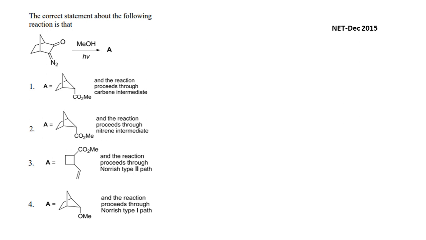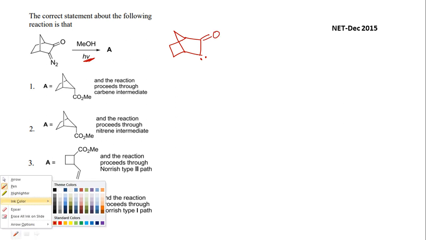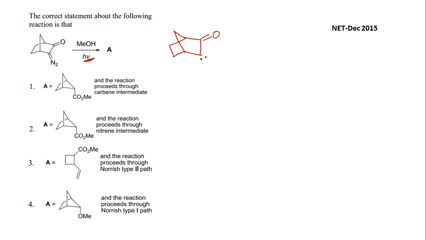Correct statement about the following. In this type of condition, there will be generation of carbene from this diazo compound. So this is carbene. Now the C-C bond migration will take place. When it is taking place, the C-C bond will be migrating here.